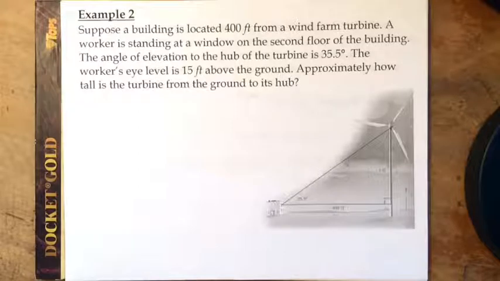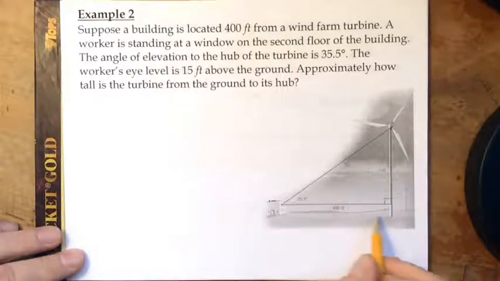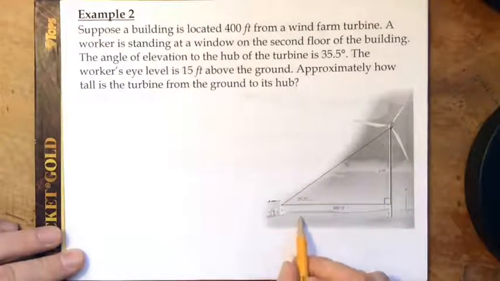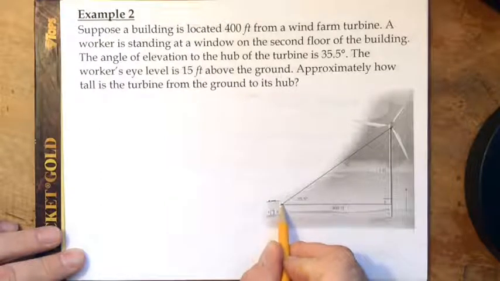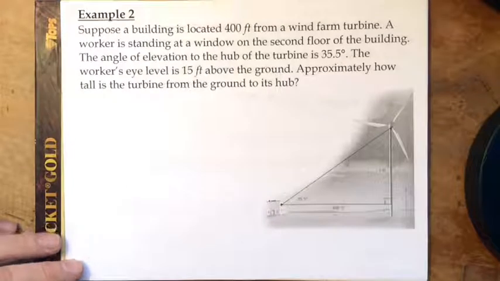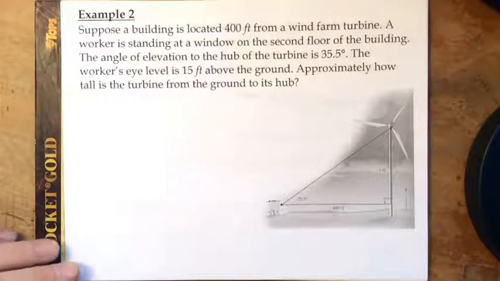Example 2. Suppose a building is located 400 feet from a wind farm turbine. Building, wind farm turbine, 400 feet. A worker is standing at a window on the second floor of the building, right here. The angle of elevation to the hub of the turbine is 35.5 degrees.